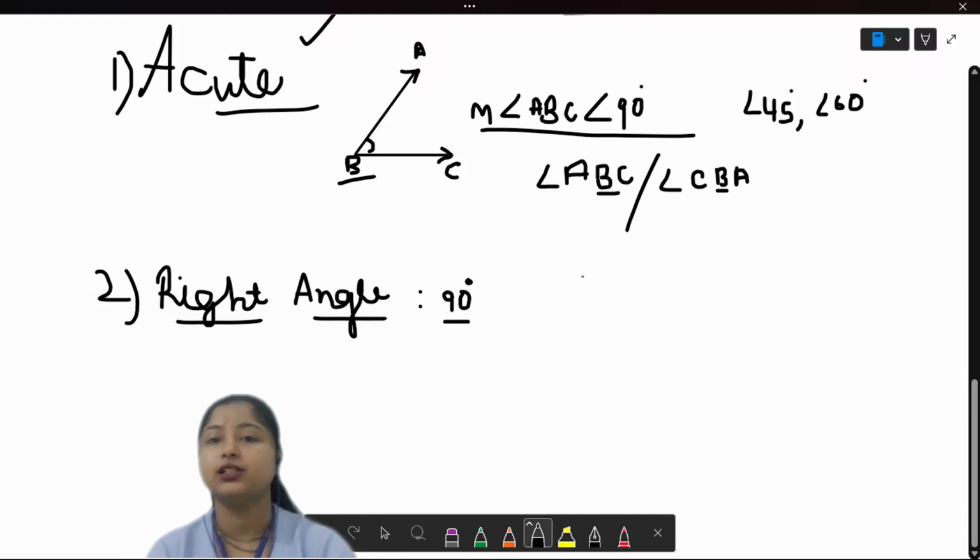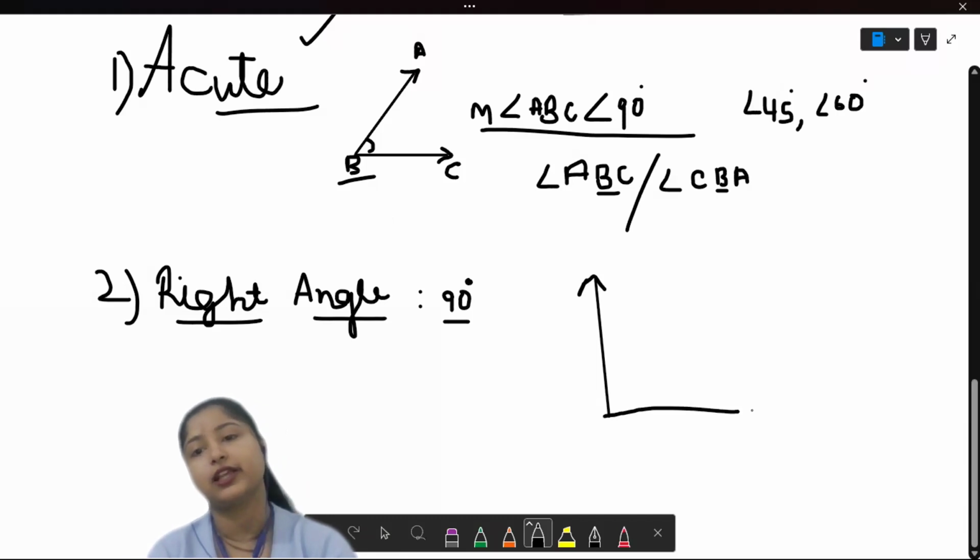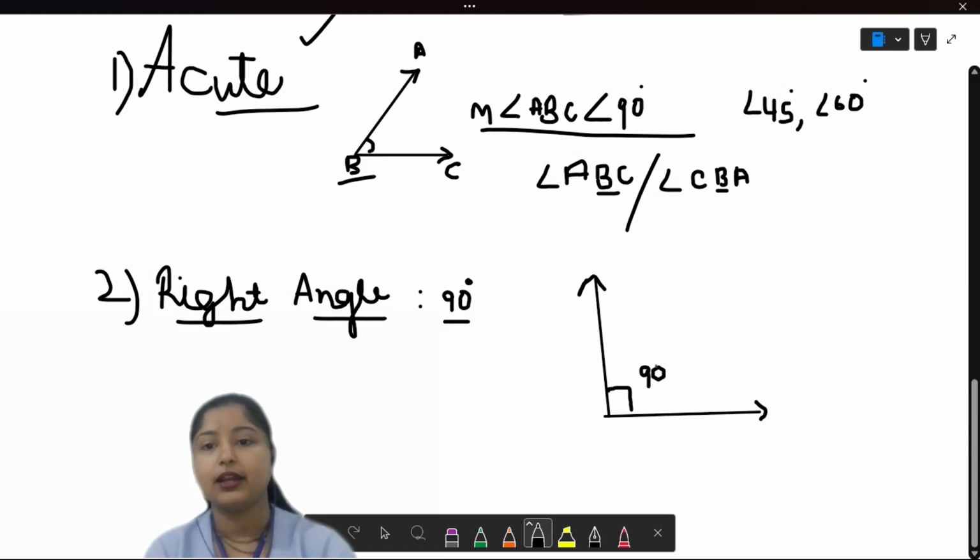A 90-degree angle generally looks like this. It forms a 90 degree, and that is why it is called a right angle. As I said, they are special, so they have a fixed value.